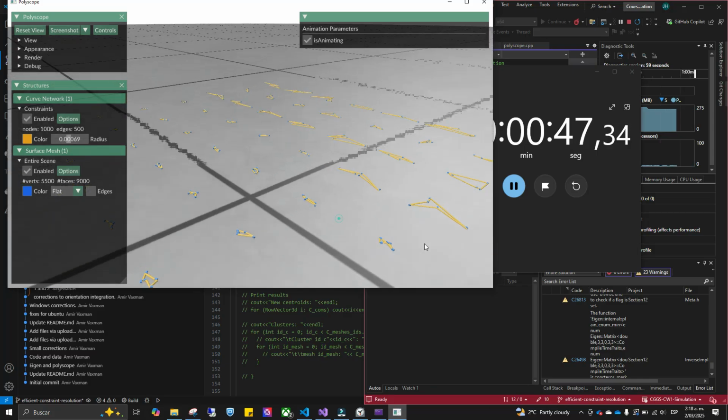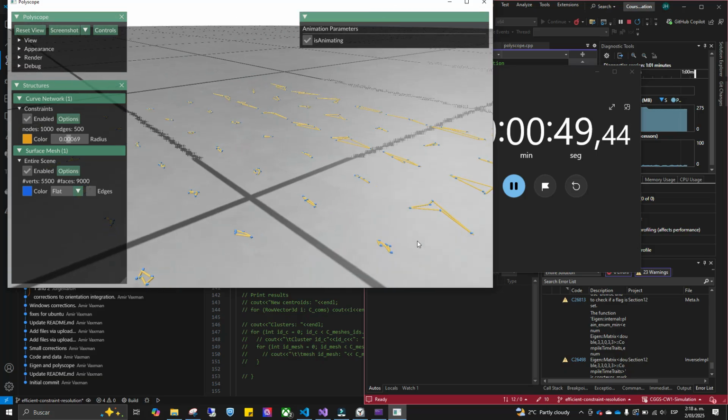But at the end of the simulation, we see that all of the constraints are solved. And the simulation gets stable, stabilizes.